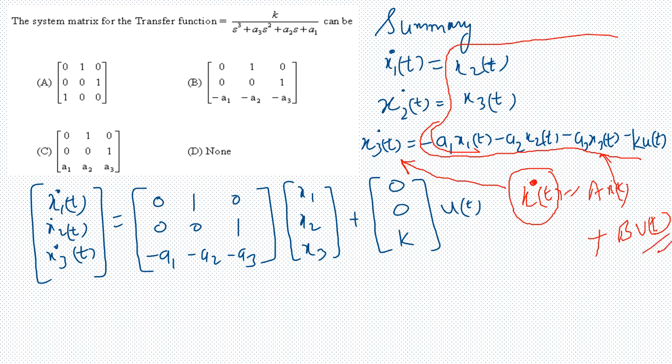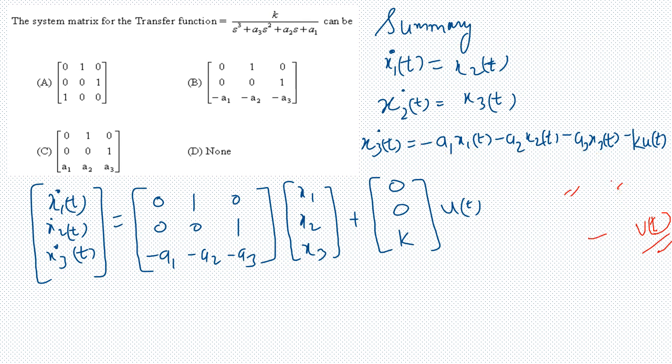So we pick up each equation and write them in matrix form. x1 dot of t is only dependent on x2 of t, so you can see 0 1 0. x2 dot of t is x3 of t, so it's only dependent on x3.